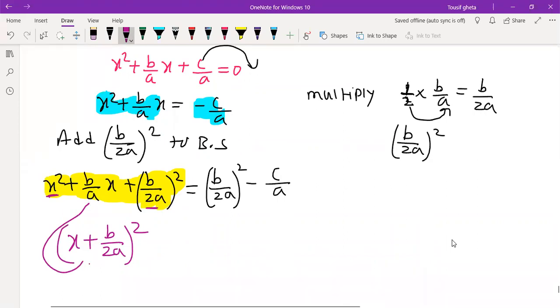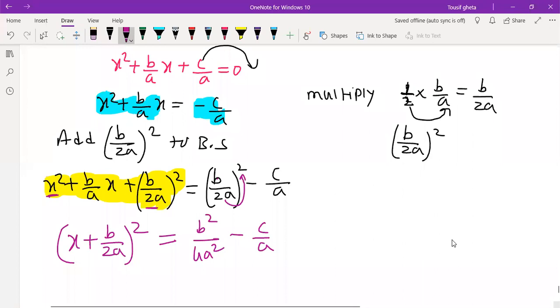a plus b whole square is equal to this b square divided by 2a whole square. We will write 4a square. Square will come to this also, correct? Minus c by a. This will be as it is. Here we will take LCM.